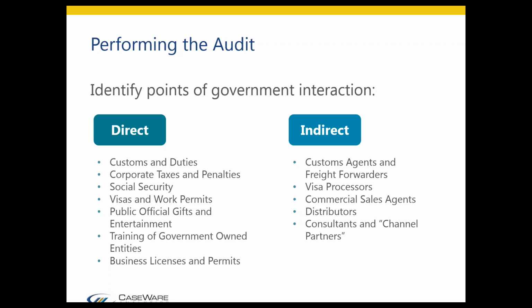If you use distributors, I think someone called them a channel partner one time. So it's really important through your interviews to identify points of government interaction, and then to channel your auditing to those points of government interaction.